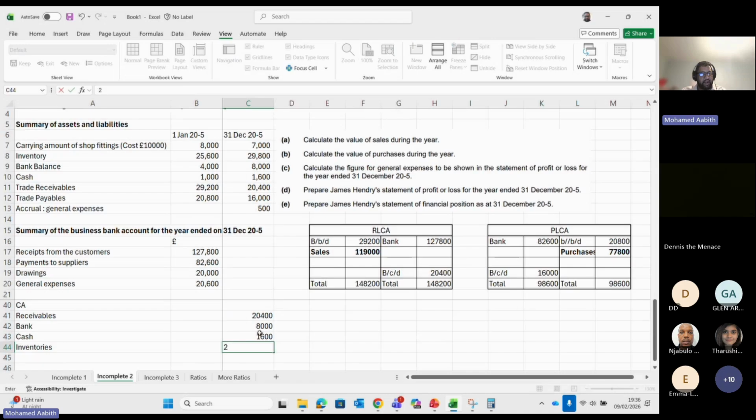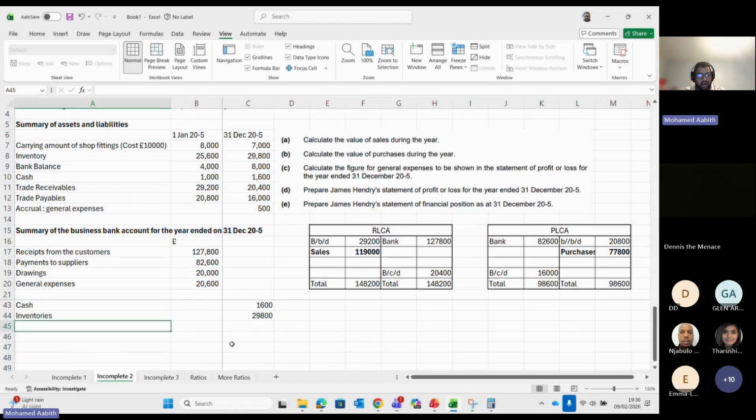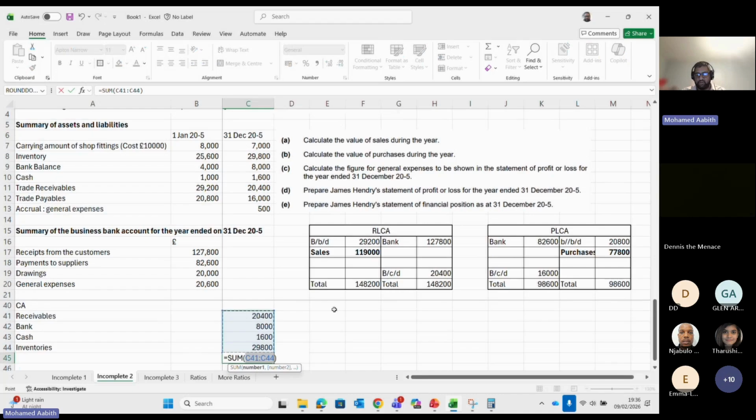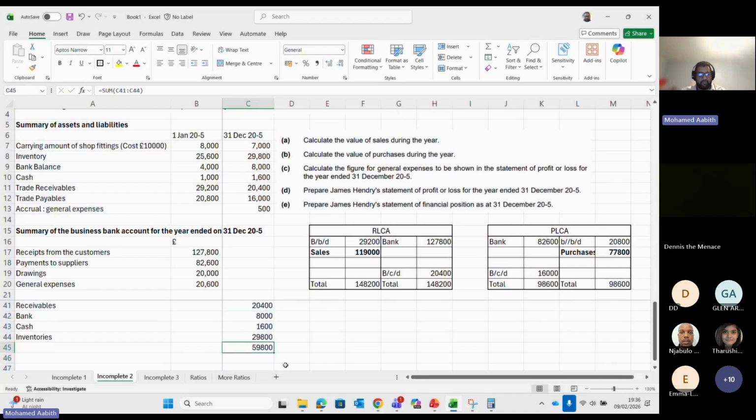Inventories valued at £29,800. So my current assets are at that amount there. Let's do a formula for those four numbers there: 59,800.